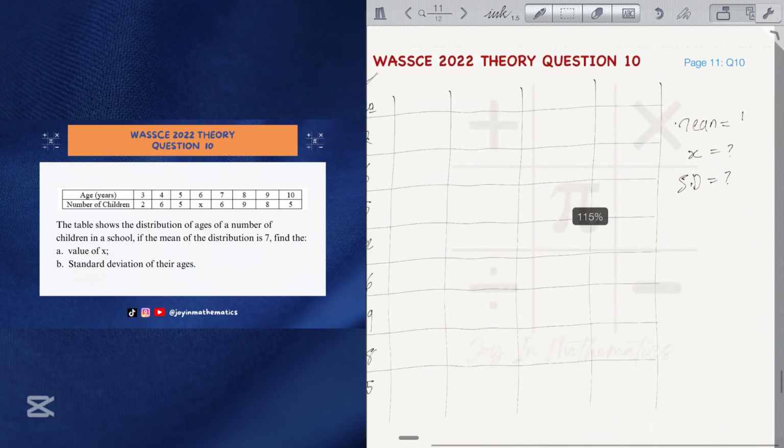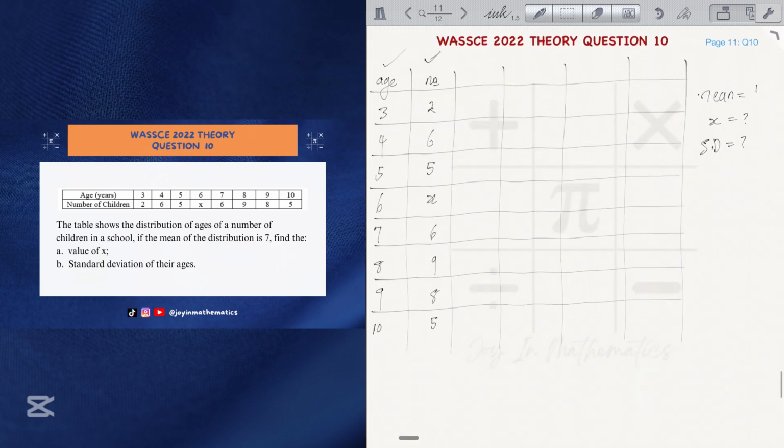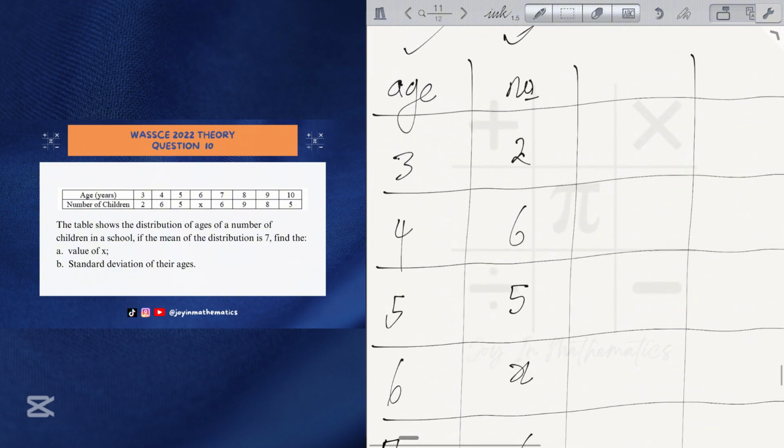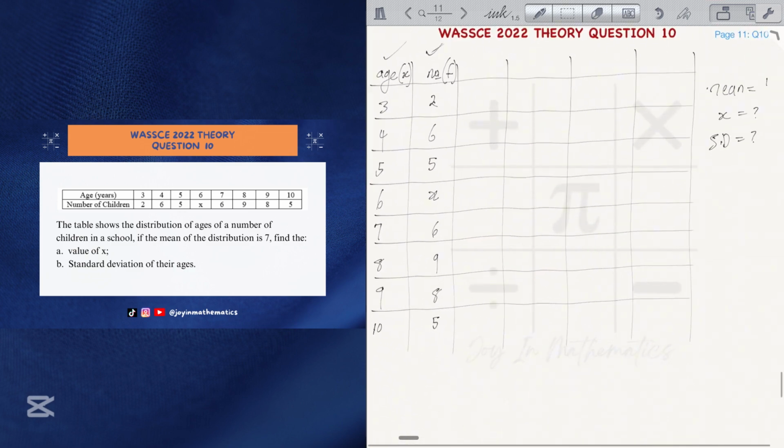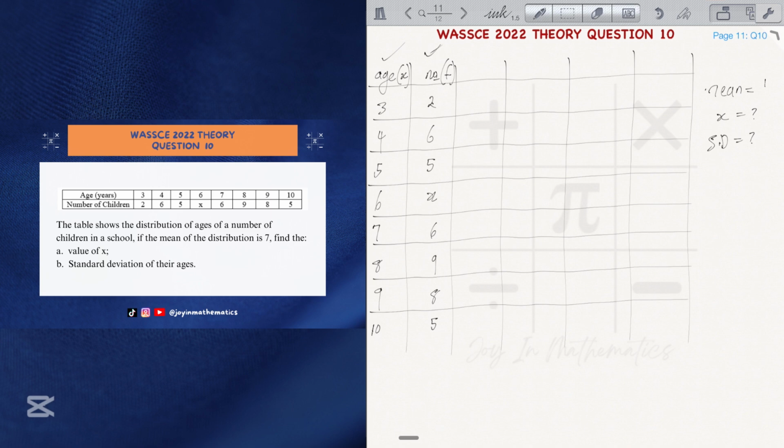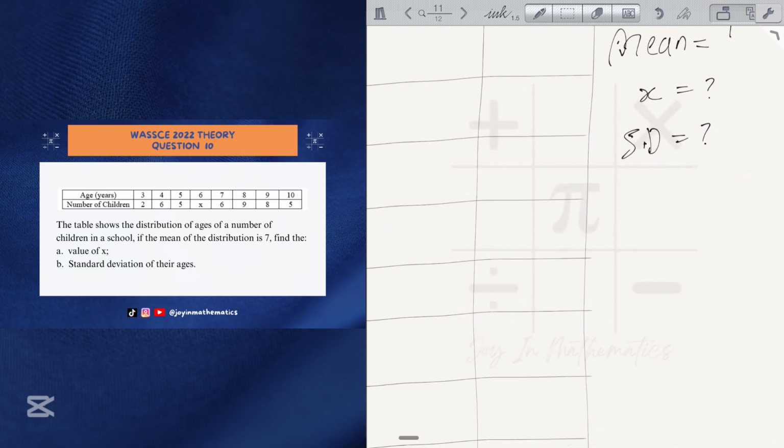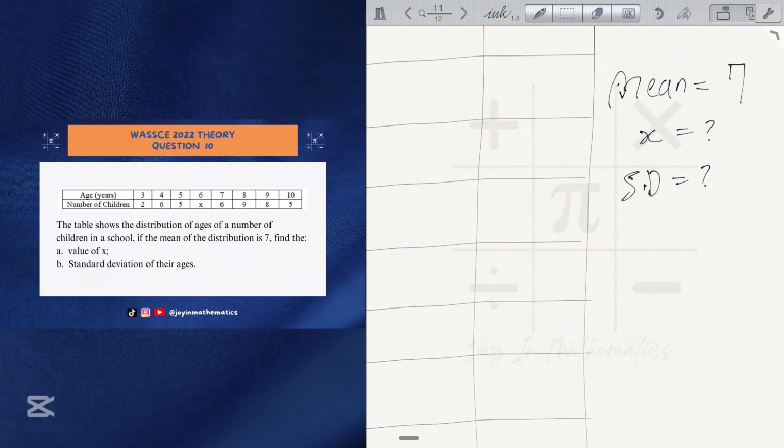Now this is grouped data of ages, so let's call the ages x, and the number of children f. It's a very simple question, and now let's solve together. Now what is the formula for mean? Mean was given to be 7, but then what is the formula for mean and what is the formula for standard deviation?